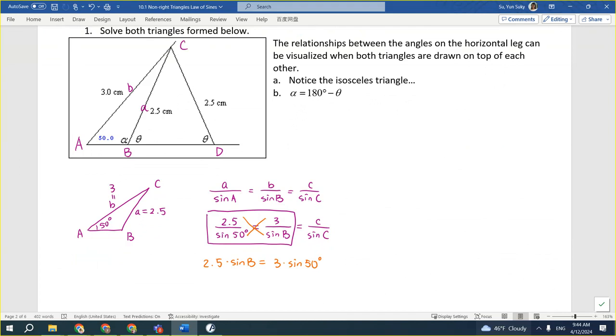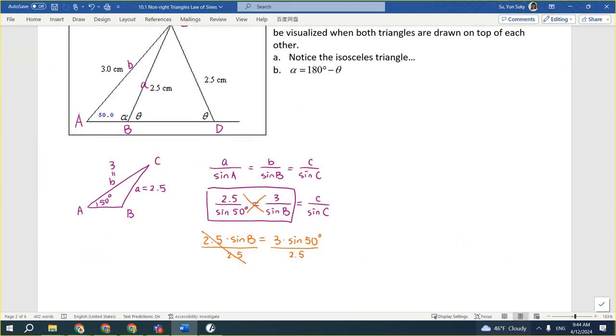Yes, everybody? We are looking for sine B. So what do we do? Both sides divided by 2.5. So you get sine B equals 3 sine 50 degrees over 2.5.